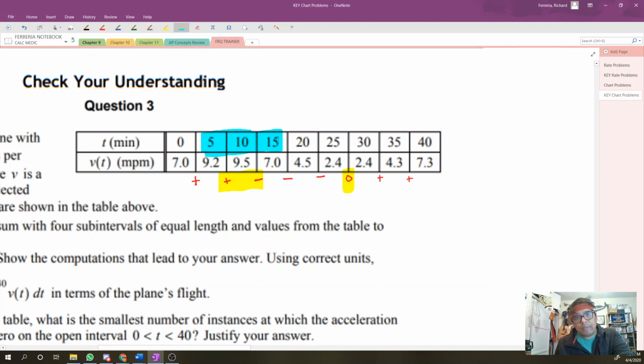So really, that place with a horizontal tangent line could happen somewhere between t equals 5 and t equals 15. Also, since we have a 0 change here, we don't know where the actual 0 occurs. It doesn't necessarily have to happen at 27.5, which would be halfway in between 25 and 30. It just has to happen somewhere between 25 and 30.